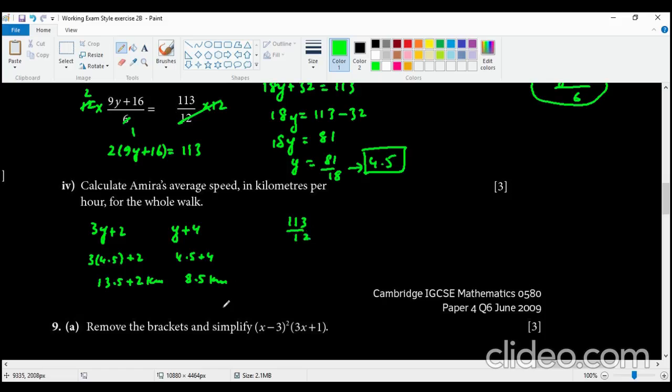So average speed, how do we find out average speed? We can find it by total distance divided by total time.